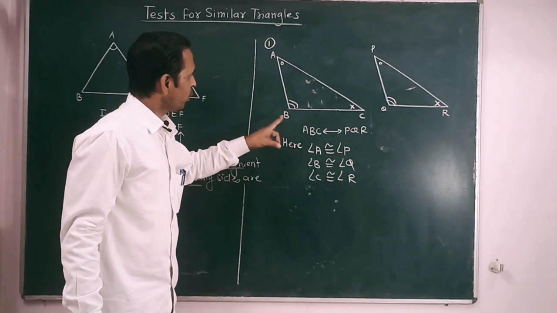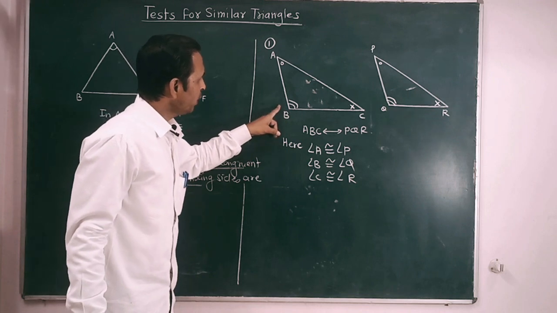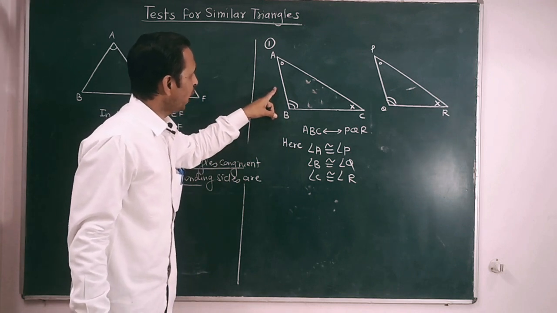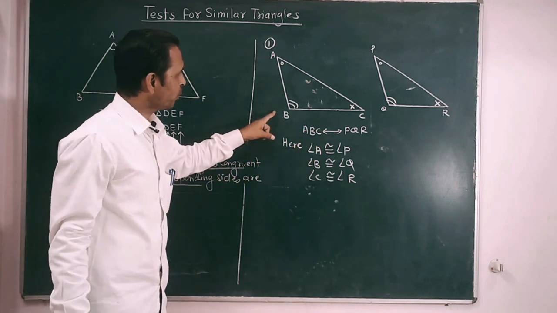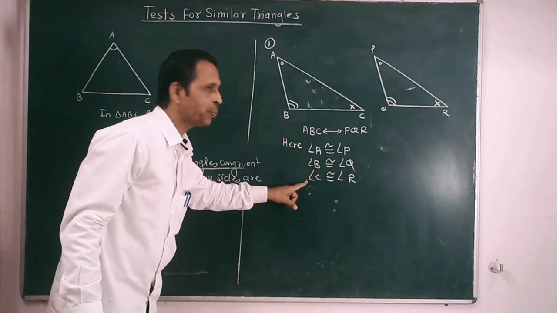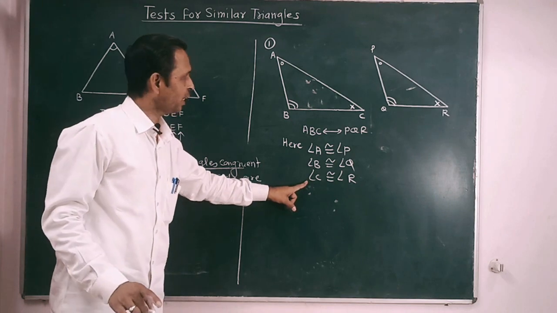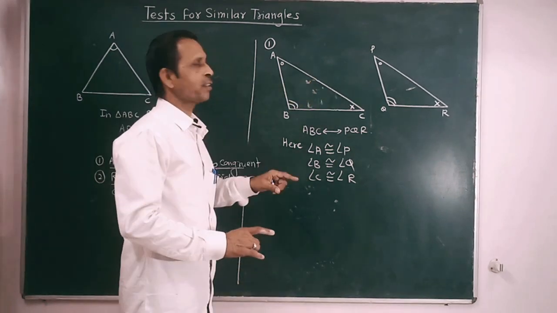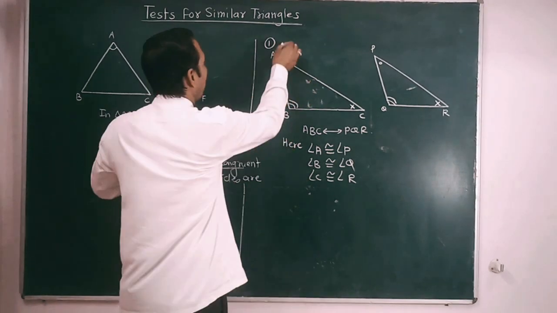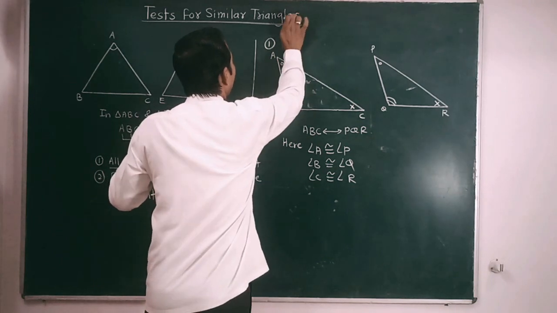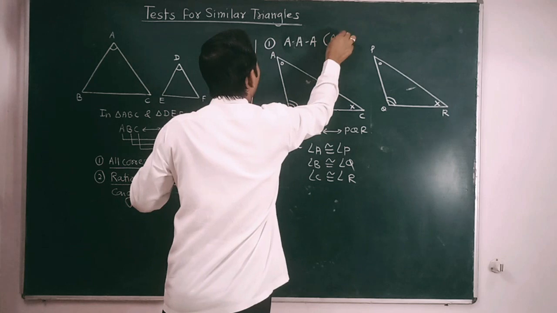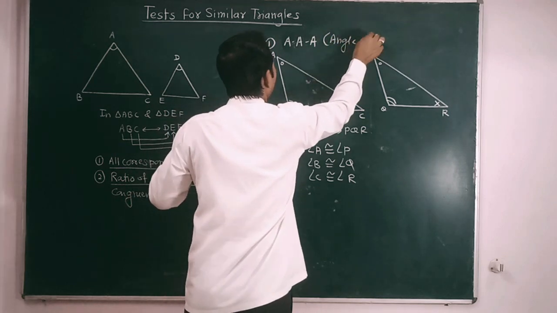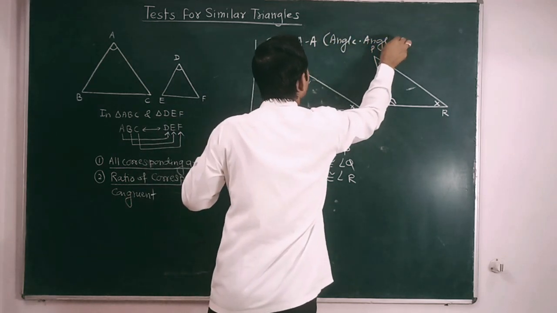Now it is not necessary to show that the ratios are congruent, the ratios are already congruent. If this condition is fulfilled, then we say that these two triangles are similar by the test A, meaning the angle test.